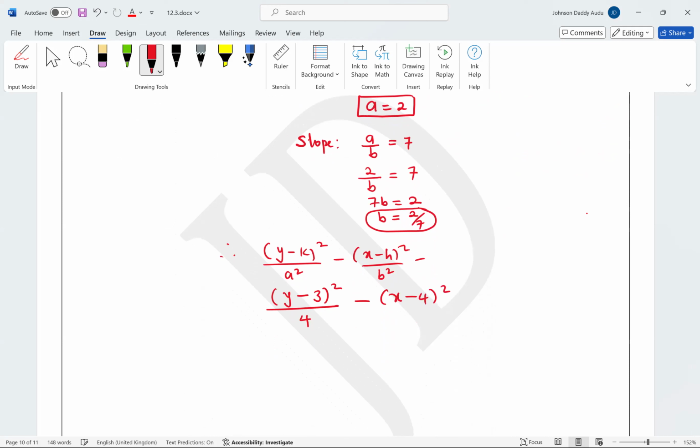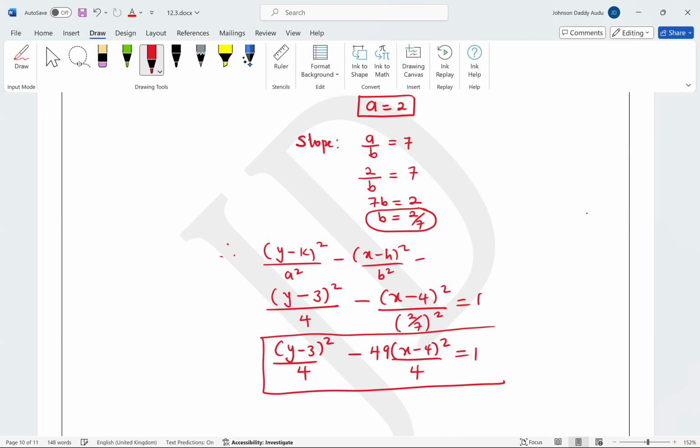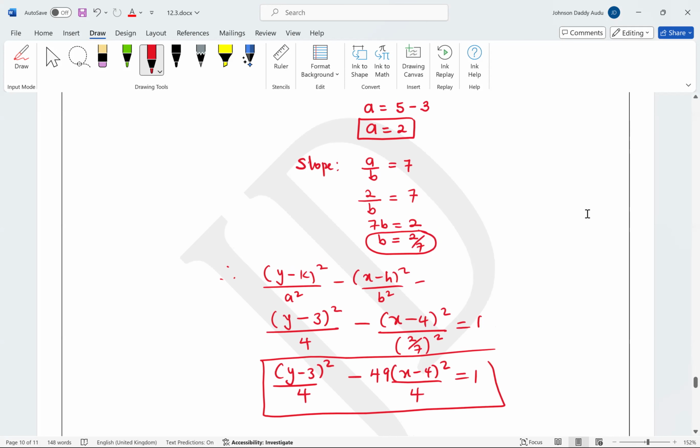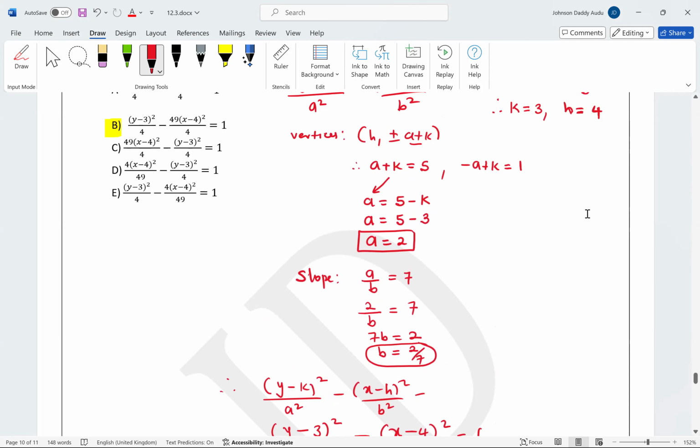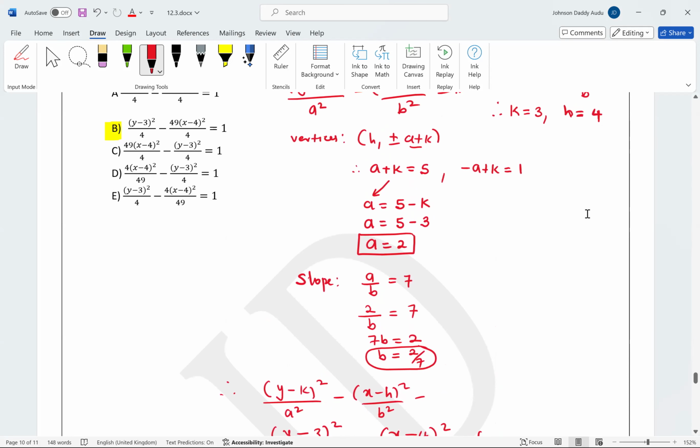So minus 4 squared over b squared, which is 2 over 7 all squared, equals 1. So this will give us y minus 3 squared over 4 minus x minus 4 squared over 4 over 49 equals 1. This is because 2 over 7 squared is 4 over 49, so you can take the 49 up and you have this one. All right, so that gives us B as the answer.